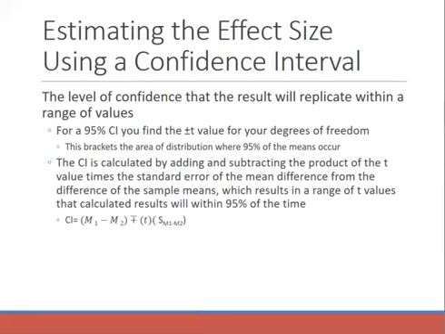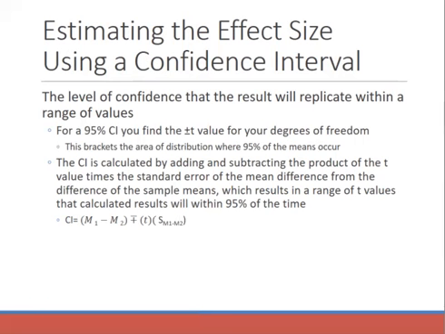But with the independent samples t-test, we are looking not at the confidence interval around the actual mean, but the confidence interval around the difference between the two means. So how big or small might this difference be?